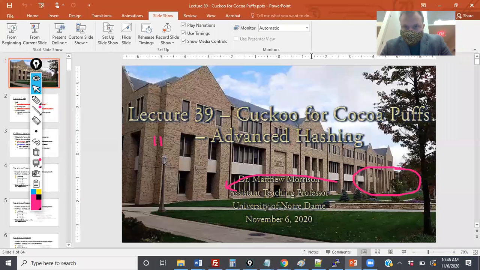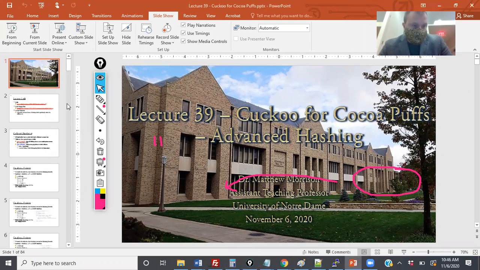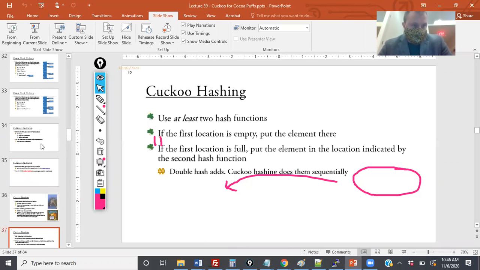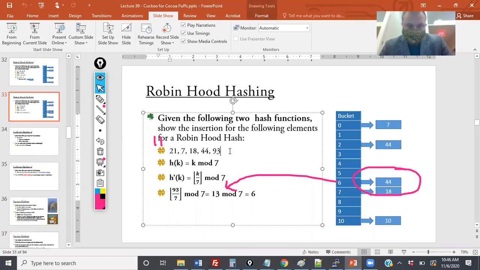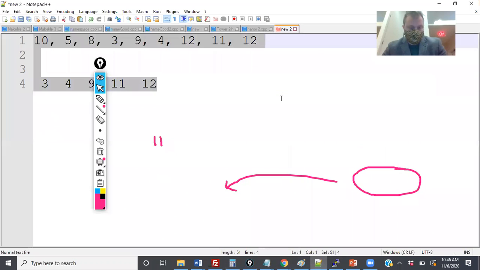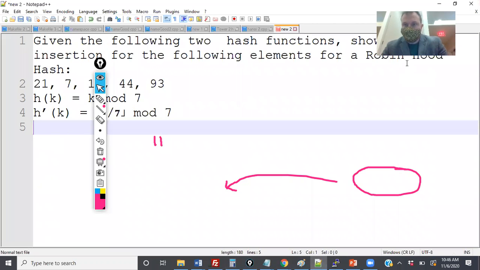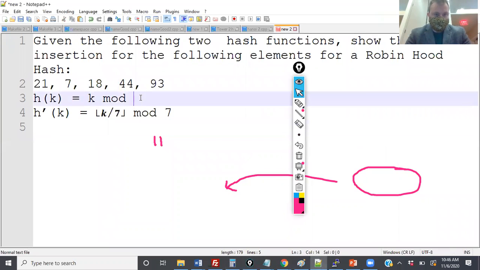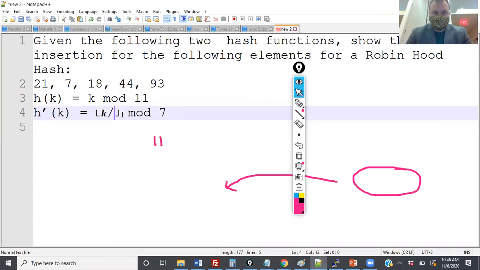I'm just going to copy and paste this, and we're going to work through it together on a whiteboard as though we were doing this on an exam together. Okay, so let me go down here. I'm going to make this K mod 11, and we're going to make this 11 mod 11.